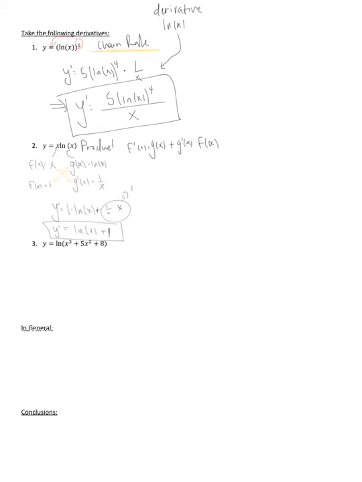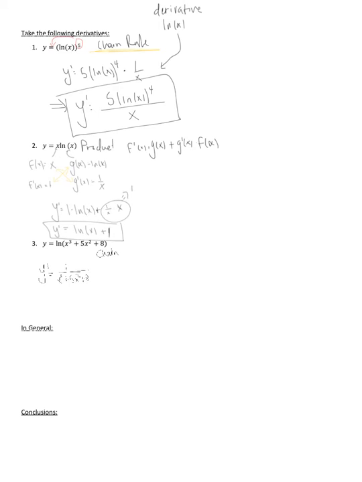This last one looks pretty complicated, but I will tell you it's one of the easiest functions that we're going to use this idea a lot. This is a chain rule again, but this time the outside function is a natural log. So when we do our y prime, we take the derivative of the outside, which is just 1 over x. In this case, it's 1 over the entire inside of the function. So our derivative is going to be 1 over x to the third plus 5x squared plus 8.